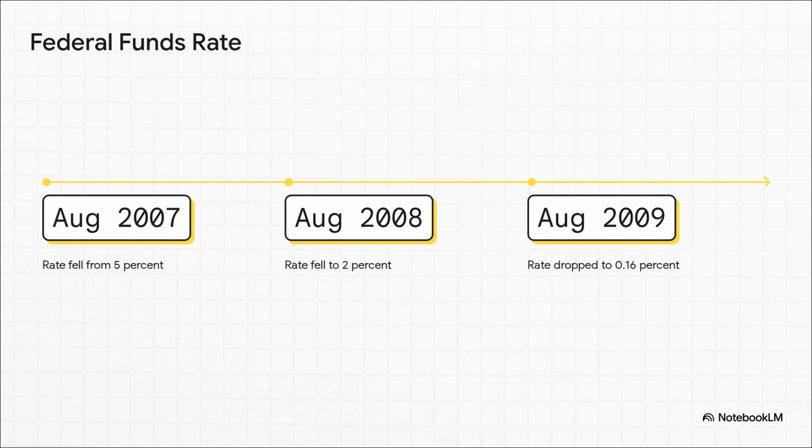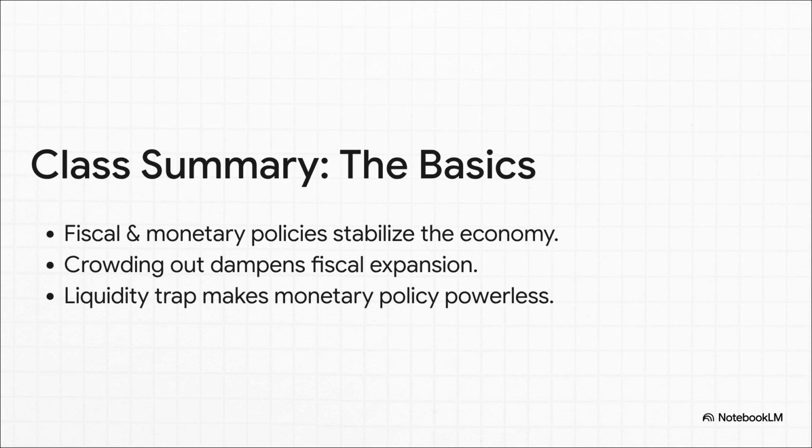That is effectively zero. They were in a for-real liquidity trap. Because conventional interest rate cuts were totally maxed out, the Fed was forced into some highly unorthodox maneuvers. We're talking massive quantitative easing, basically buying up huge quantities of financial assets to try and pump liquidity directly into the system.